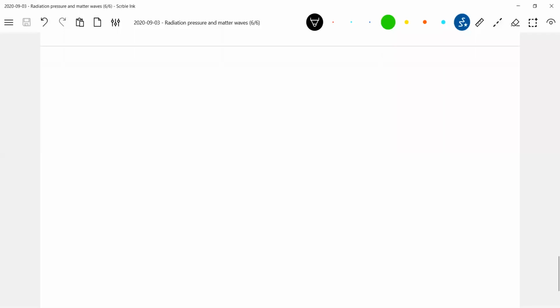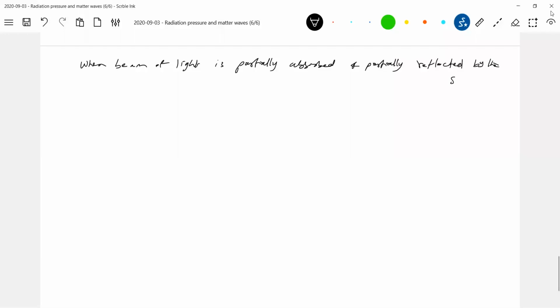So I'll take the next condition. Partially absorbed and partially reflected by the surface. Let this be the surface.